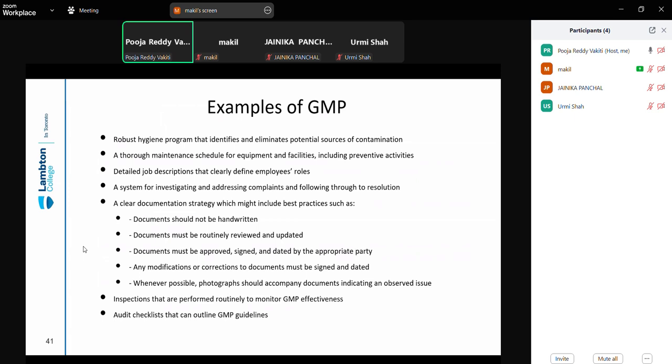So GMP also covers a clear documentation strategy which provides best practices. Some of these are: documents should not be handwritten. They need to be documented in soft copy, because with handwritten documents the handwriting may differ, and so there will be a problem.